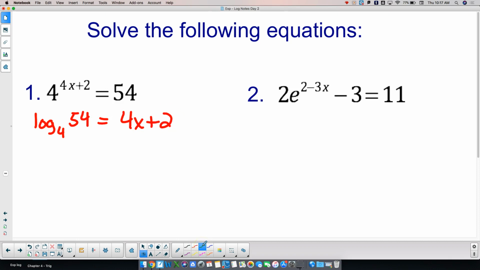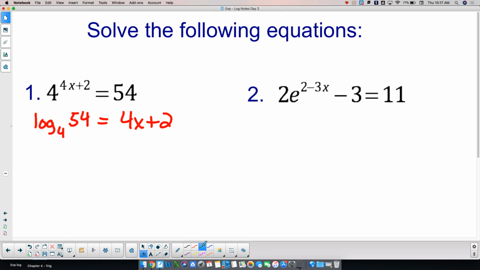Now, here you have 2 different paths that you can go down. Both of the paths will get you to the exact same spot. You could figure out what log base 4 of 54 is right here. Log base 4 of 54 is 2.877.